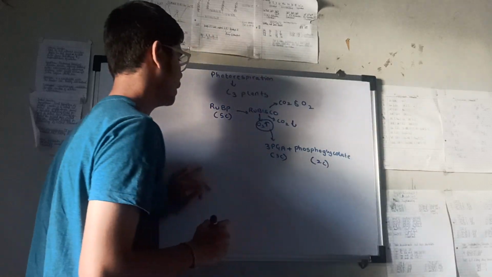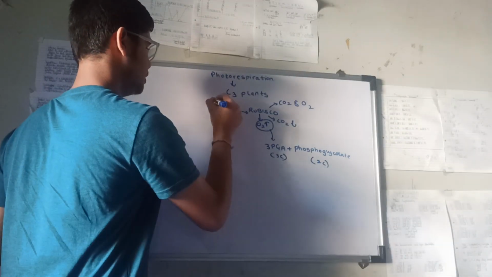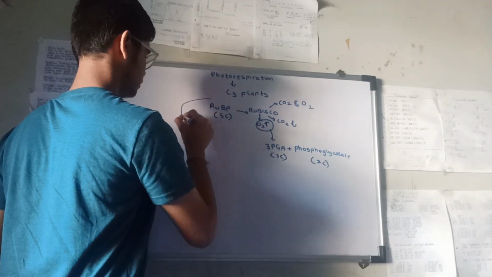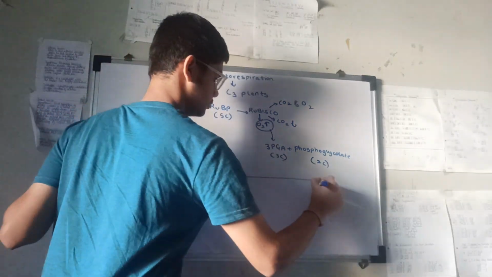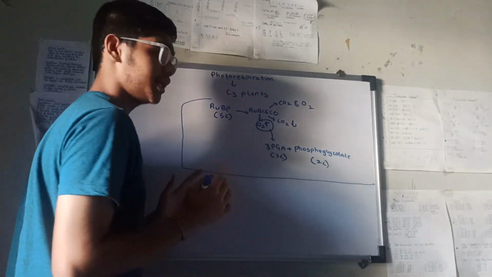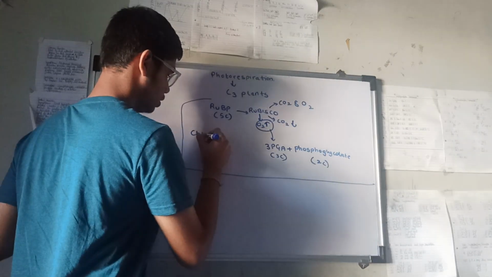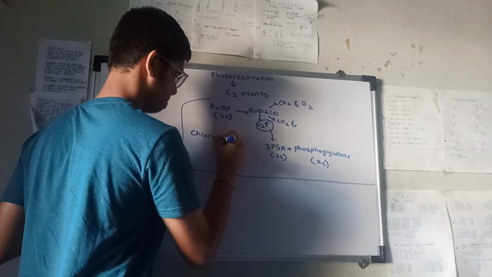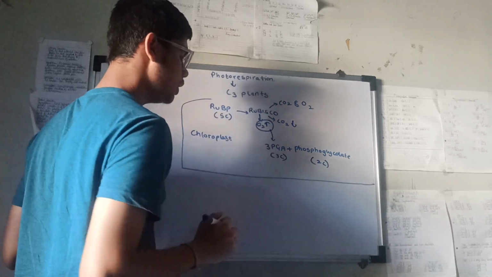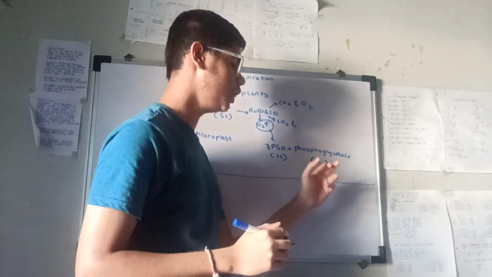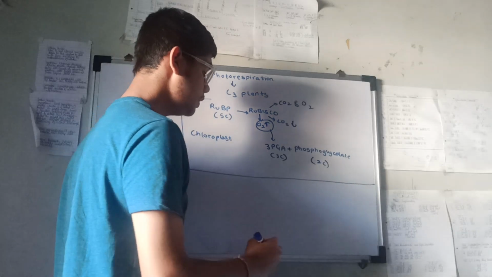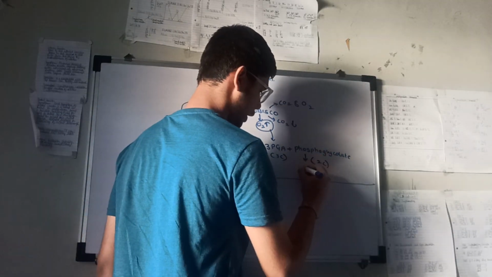So what will happen now? You know that this reaction is taking place in the chloroplast. I will write here chloroplast. And here that phosphoglycolate will be converted into glycolate.